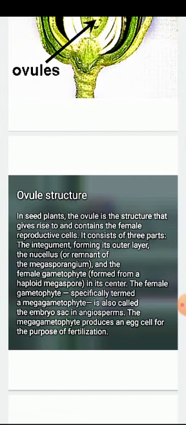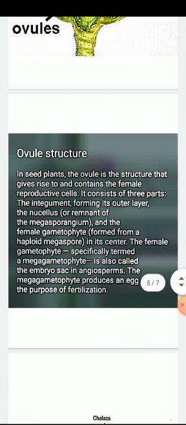Now we will talk about the structure of ovules in detail. In seed plants, the ovule is the structure that gives rise to and contains the female reproductive cells. It consists of three parts: the integument, forming its outer layer, the nucellus or remnant of the megasporangium, and the female gametophyte formed from a haploid megaspore.